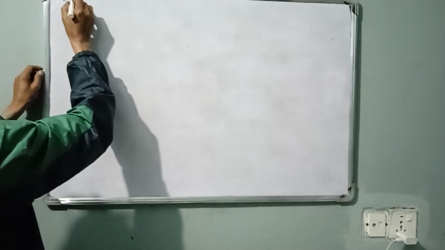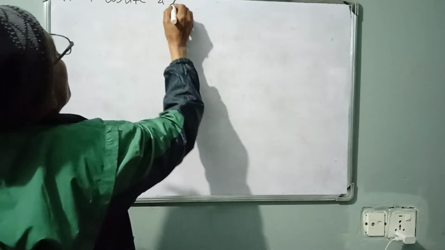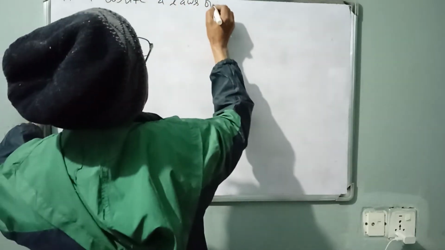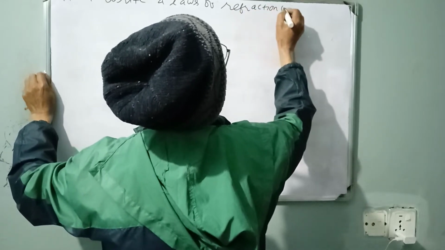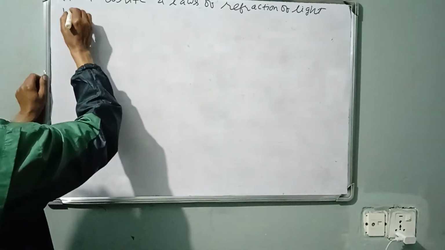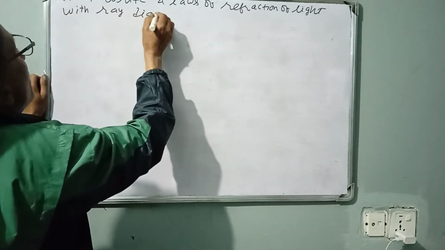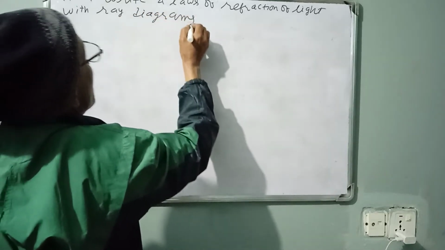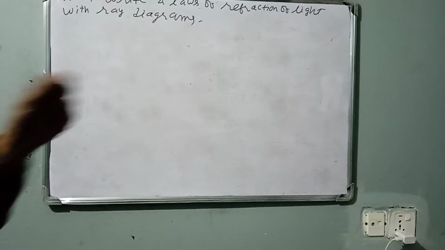Question number 4. Write 4 laws of refraction of light with ray diagrams. See, actually, what is the difference between reflection and refraction?